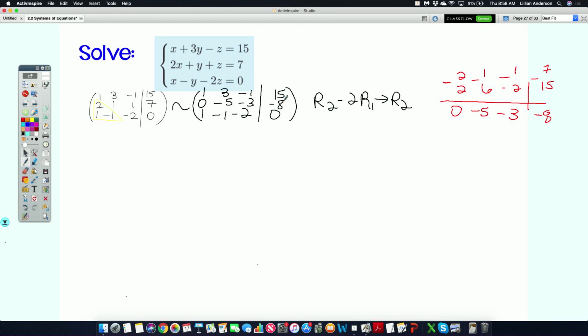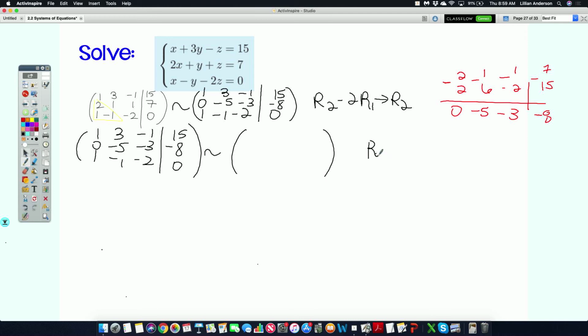For that third row, in that bottom left corner, that 1 needs to turn to a 0. How can I turn that 1 into a 0? What could I do? Subtract the first row from the third row.